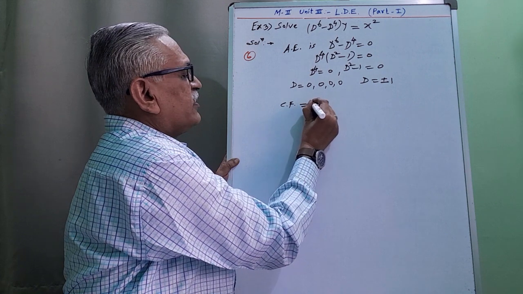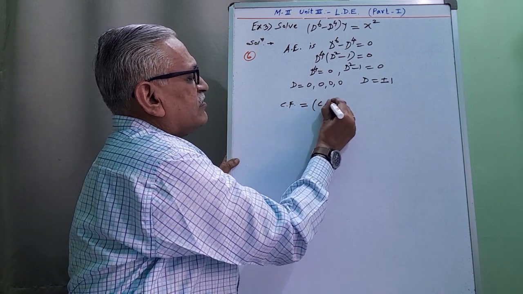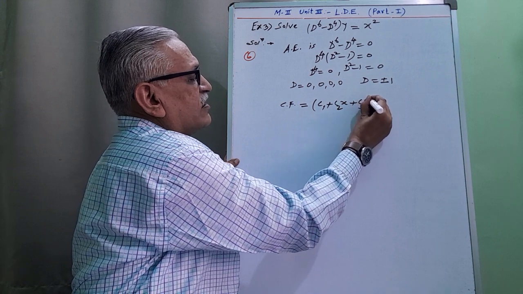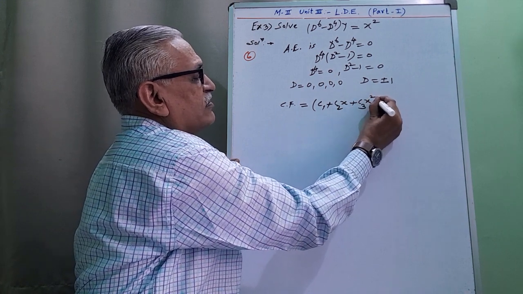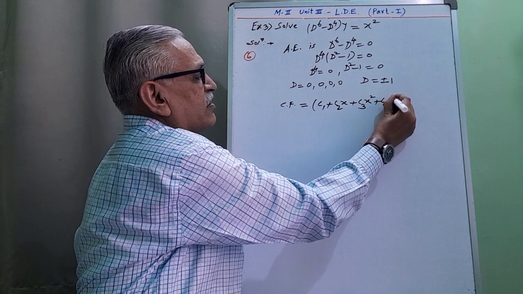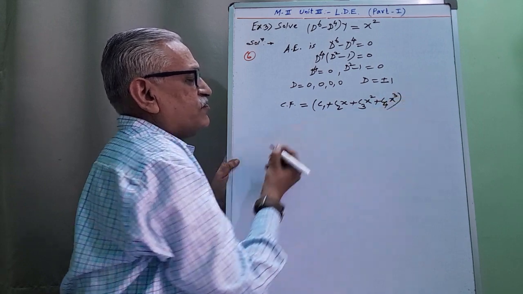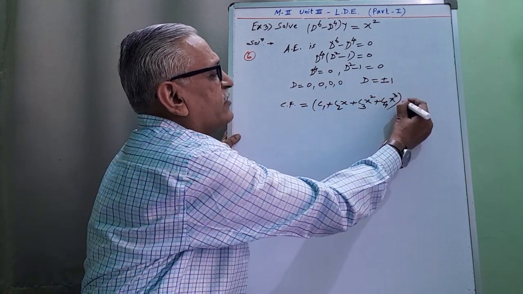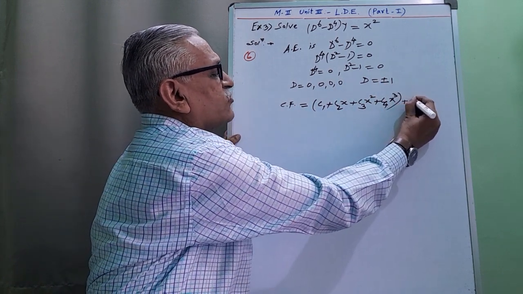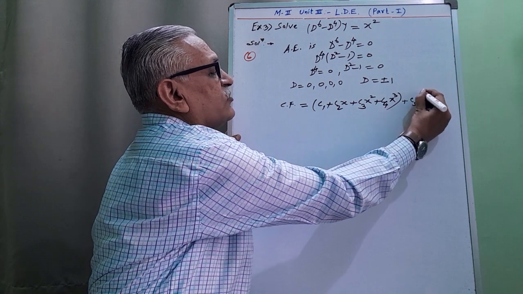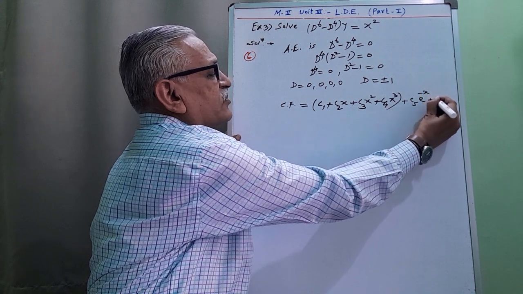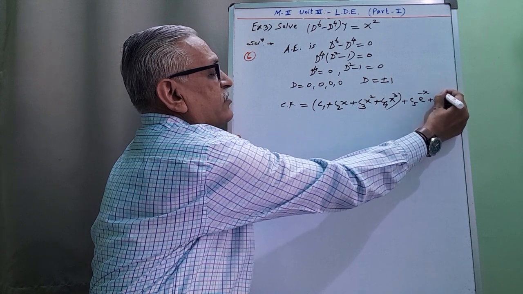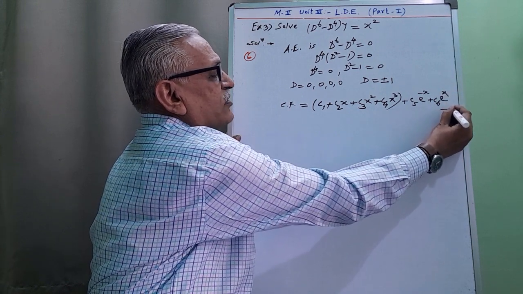Therefore, it is C1 plus C2 x plus C3 x square plus C4 x cube. And for the next two, we get constants C5 e raised to minus x and C6 e raised to x, and we call this equation 1.